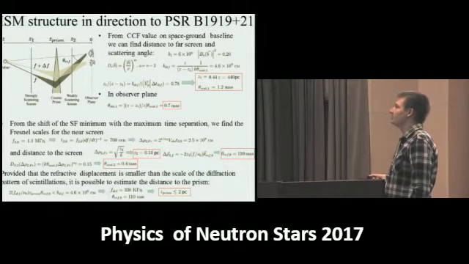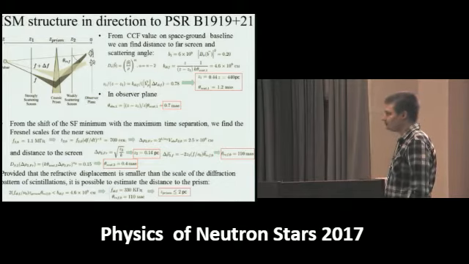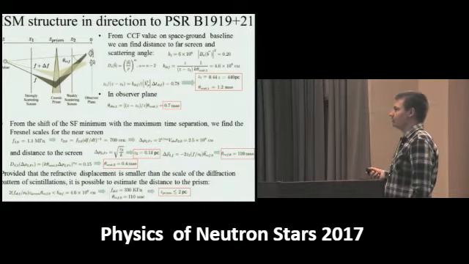We can see that the screen is very close to Earth. Provided that the refractive displacement is small compared to the scale of the diffraction pattern, it is possible to estimate the distance to the prism: a distance of less than 2 parsecs.